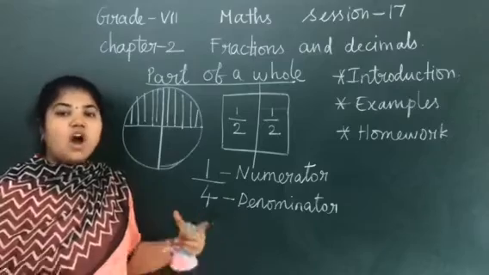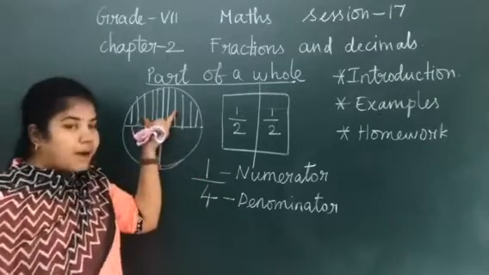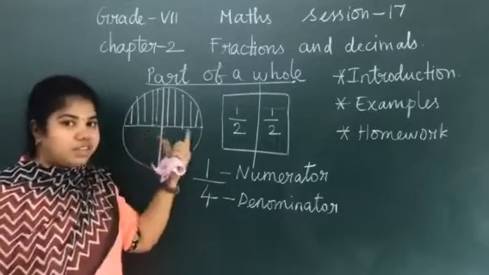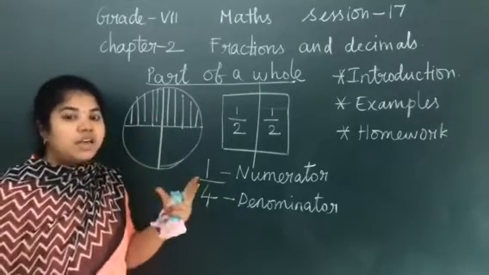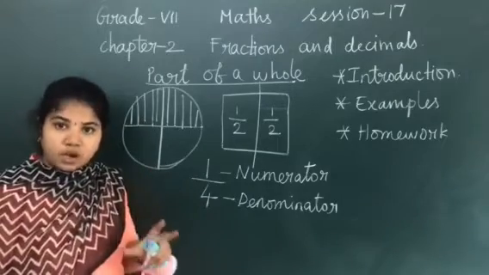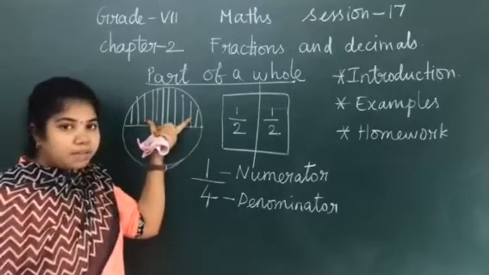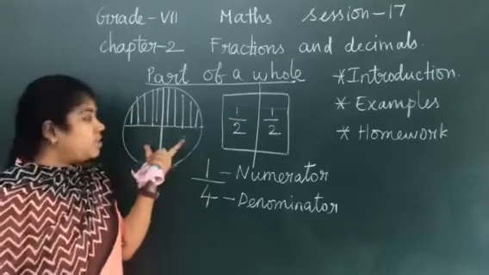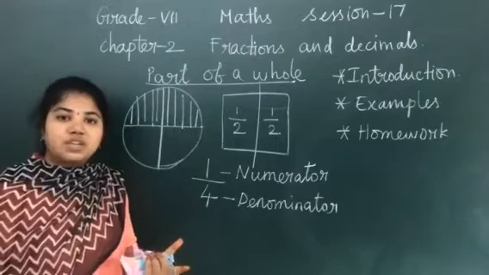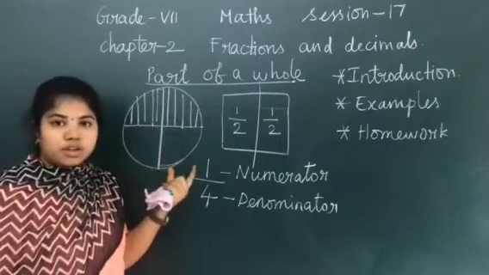Or if your mother is sharing the pizza between you and your sister alone at home, then 2 parts of the pizza will be for you and the next 2 parts for your sister. Then how will you write the fraction? 2 by 4.